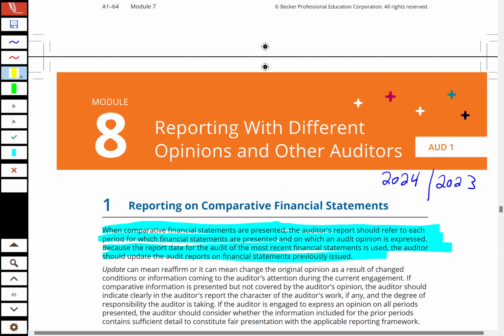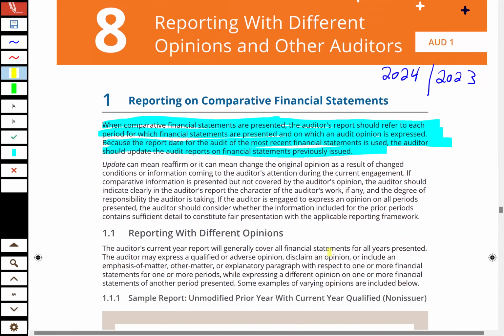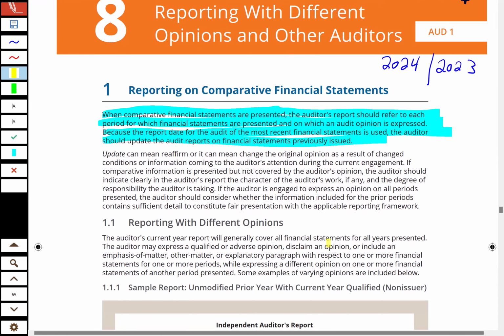Now we come over and I just want to come down to this next paragraph. The auditor may have differing opinions on different years. Okay, at least it used to say that.